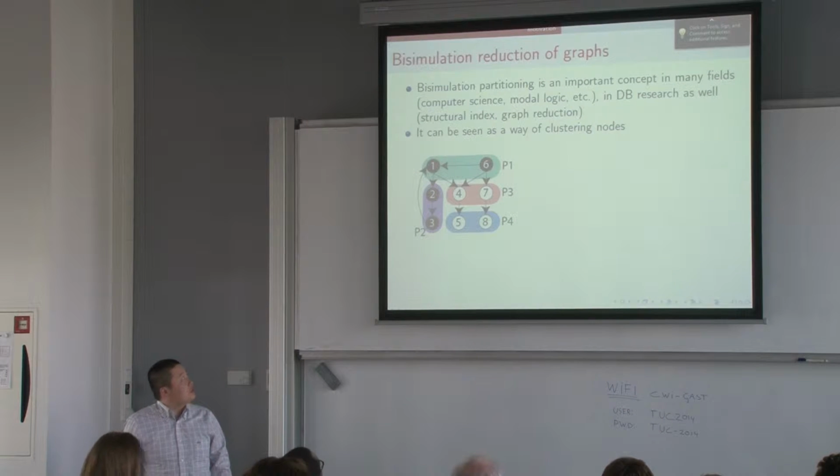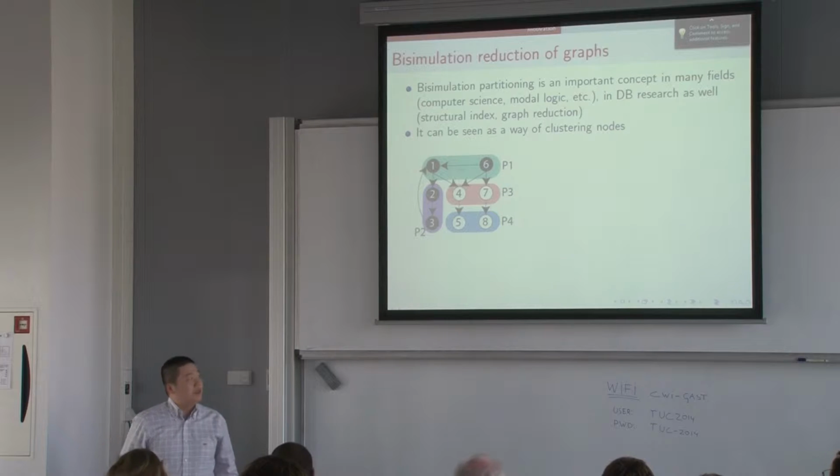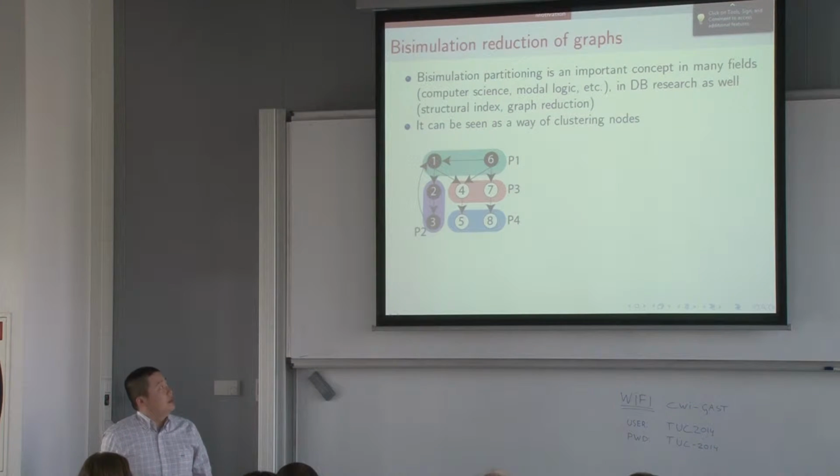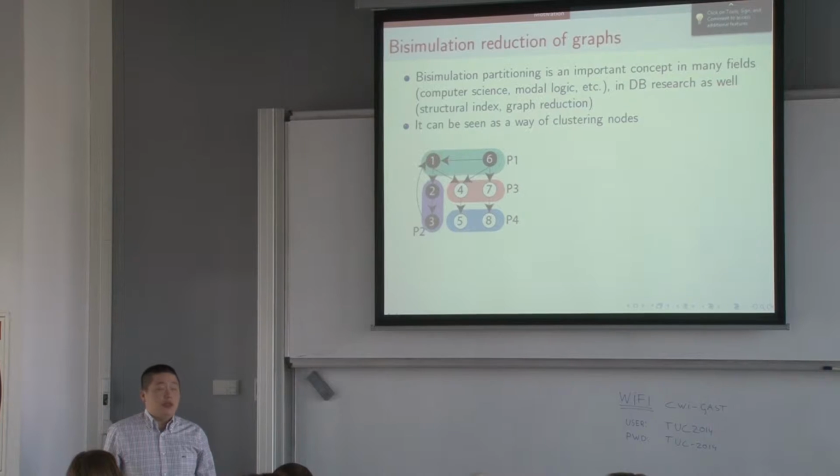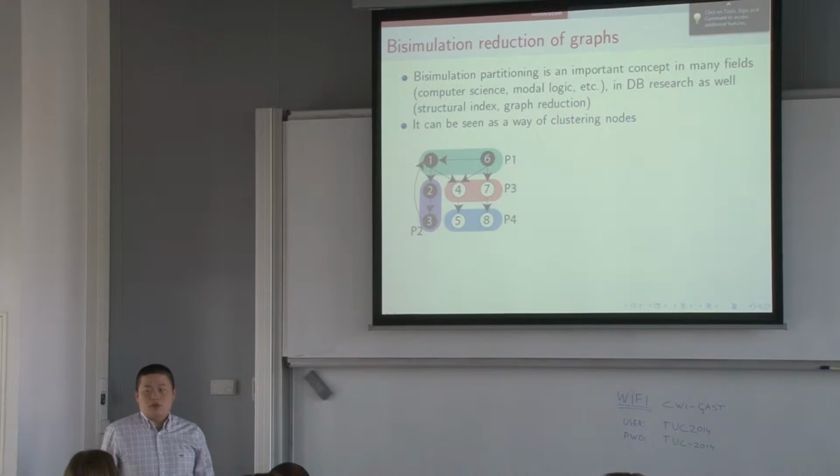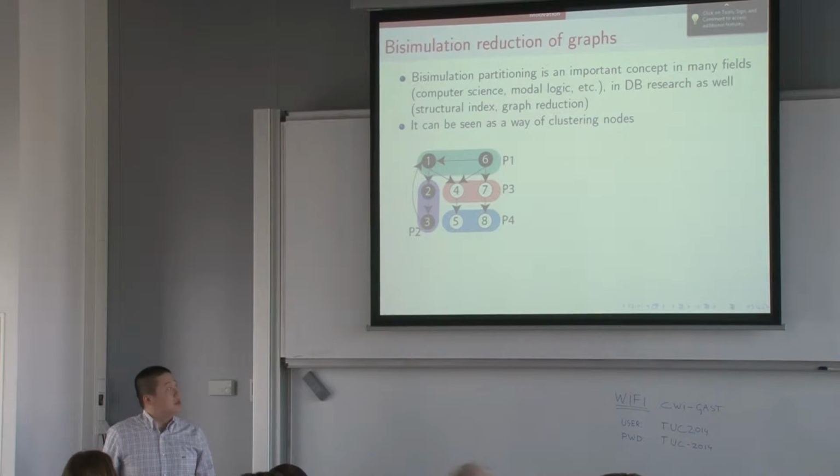So what is bisimulation? Bisimulation partitioning is a very important notion and concept in many research fields. In database research, we use it for structural indexes for XML data and RDF data, and also for graph reduction purposes. It can be seen as a way of clustering nodes together.